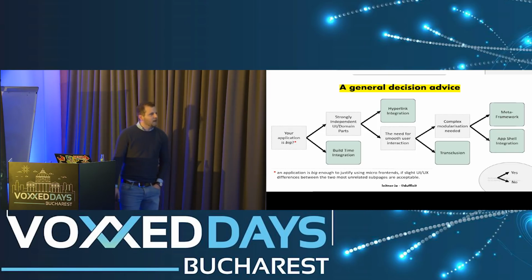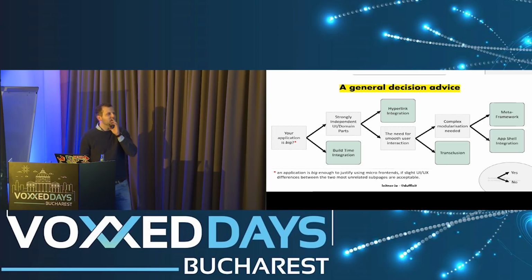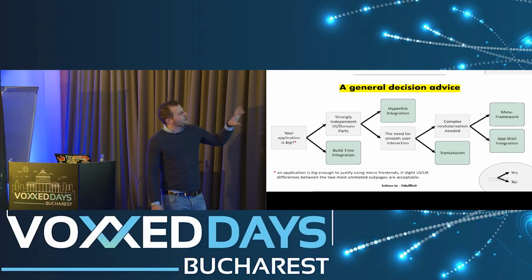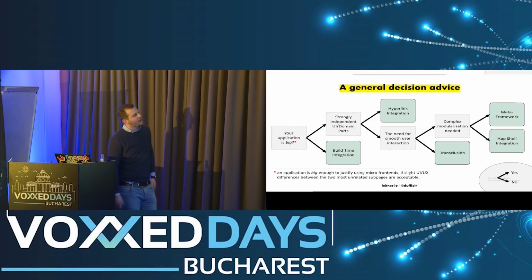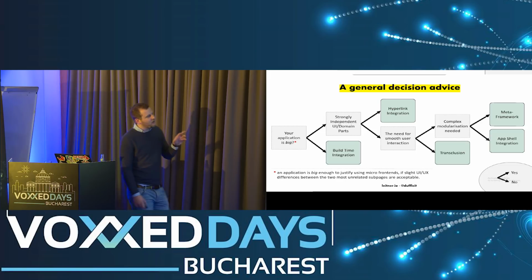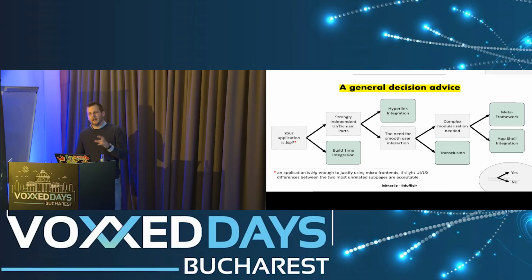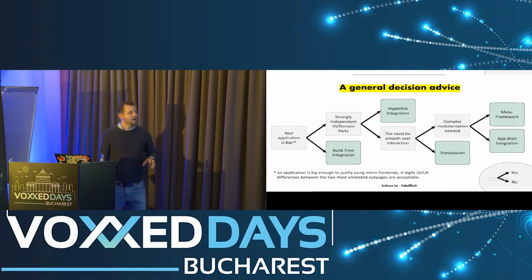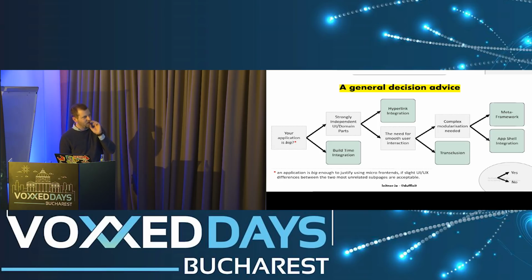And I did it from the left-hand side to the right-hand side, so you should read it like this. I started with the first question I usually ask those people: is your application big? And that's actually the trickiest one, because what is big? I don't care if you can feed your micro front-end team with one pizza. That's totally unnecessary for me.